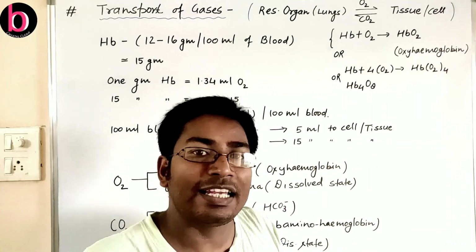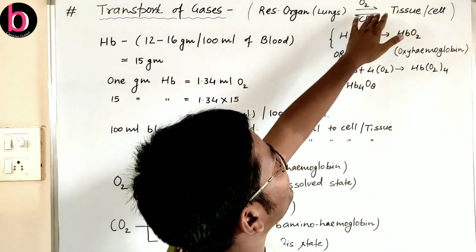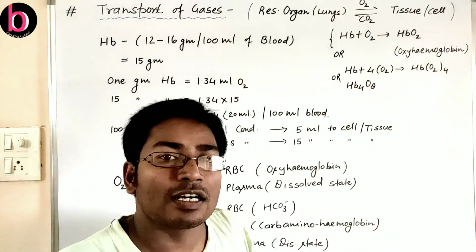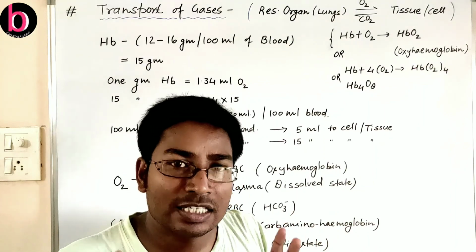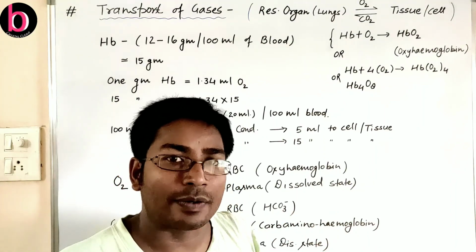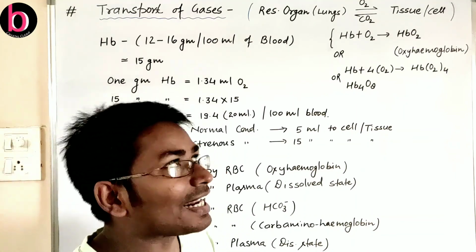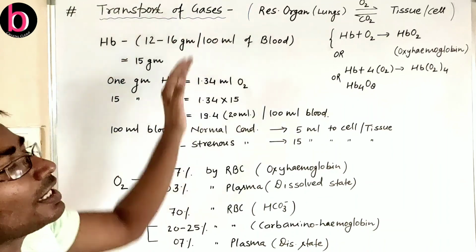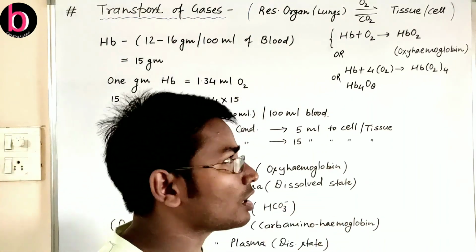That's why there will be release of carbon dioxide, and this carbon dioxide is transported back to the lungs with the help of blood. Earlier we discussed that plasma as well as RBCs are present inside the blood, and they are helpful for transportation of oxygen as well as carbon dioxide.